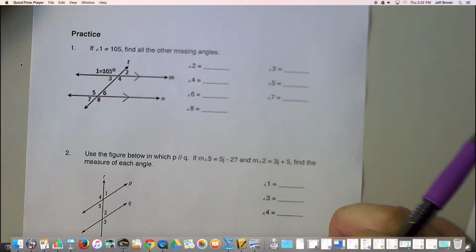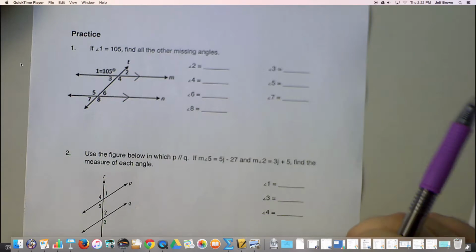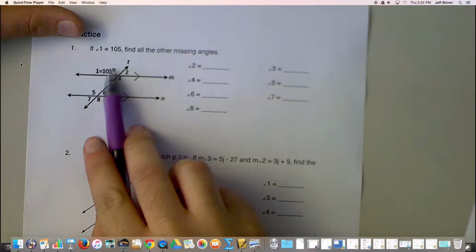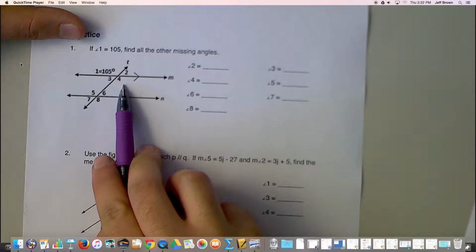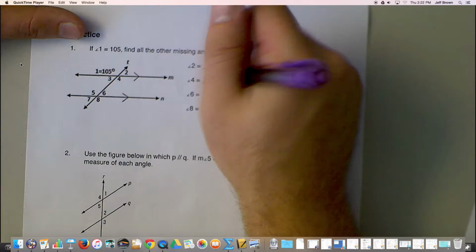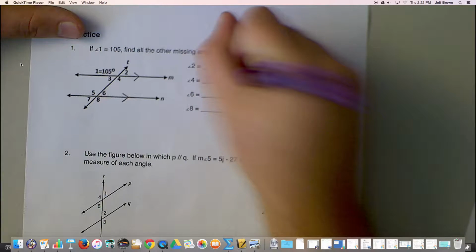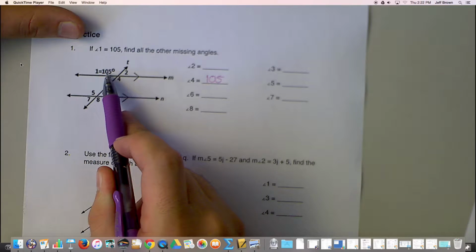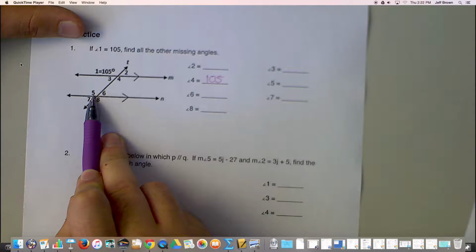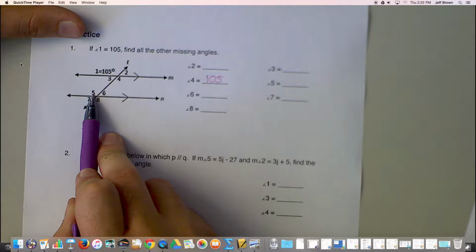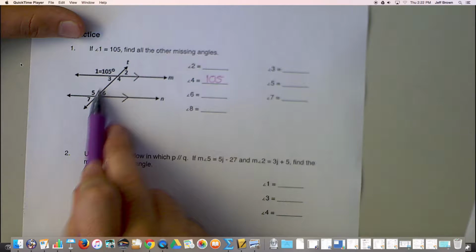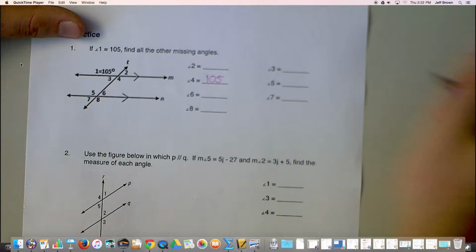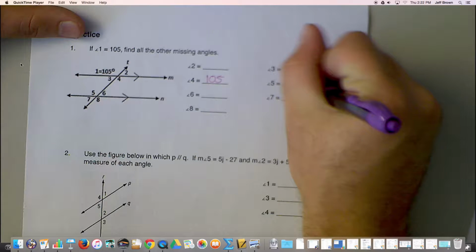Let's go ahead and start with all of the angles that are the same as angle 1. Well, I know that angle 1 and angle 4 are vertical angles, so those two are congruent. So I can say that angle 4 is 105 degrees. I also know that angle 1 and angle 5 here are corresponding angles. Those are in the same position. So those are also congruent. So angle 5 over here is 105 as well.